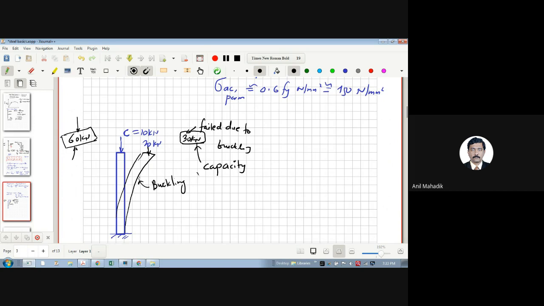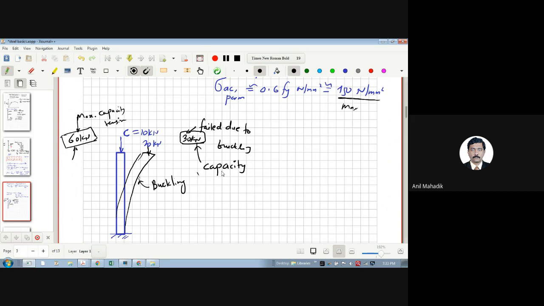That means you can say that this is the maximum capacity of steel in tension, because it is a steel material. Generally, steel material is strong in compression and tension. The values are same, near to 150 in tension and compression also, as the maximum capacity.